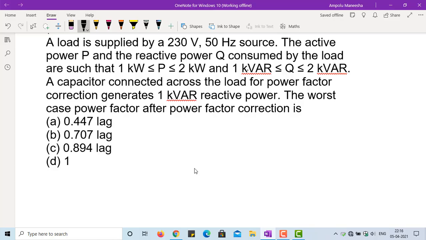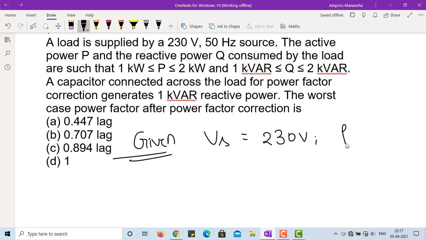Let us solve the problem. In the question, it is given that the load is supplied by a 230 volts, 50 Hz source. Vs is 230 volts and Fs is 50 Hz, and also it is given that the active power consumed by the load is in the range of 1 kilowatts to 2 kilowatts and Q is in the range of 1 kVAr to 2 kVAr.